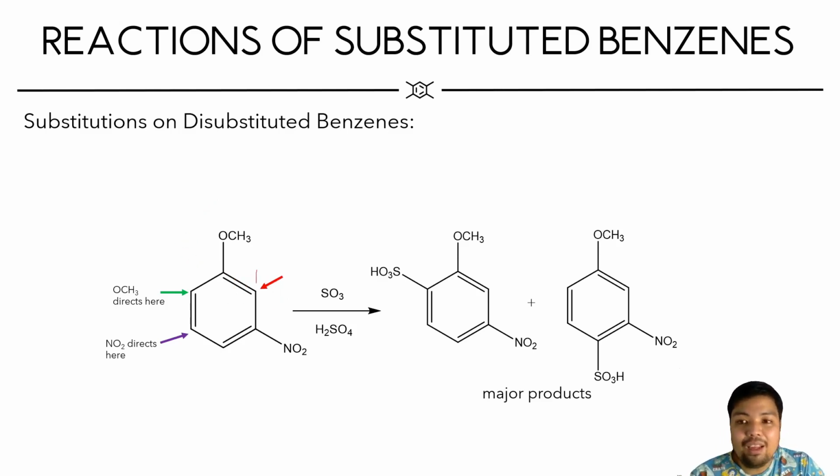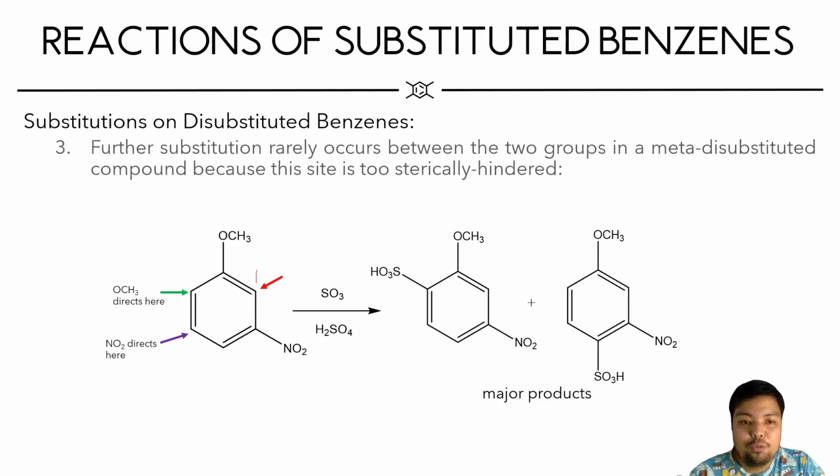Now the answer is, again, the last rule: further substitution rarely occurs between the two groups in a meta-disubstituted compound because this site is too sterically hindered.